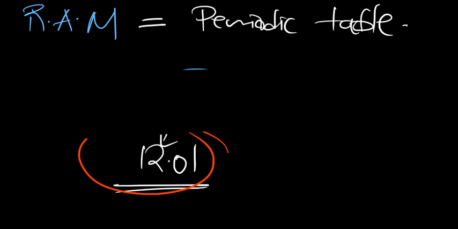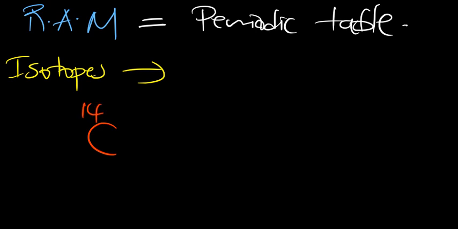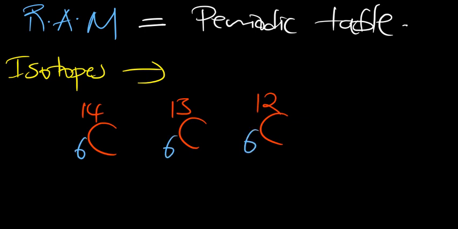So what are isotopes? This is a very simple question that you should expect even at this level, where they can ask you to define isotopes or give examples. I don't like defining them. Carbon 14, carbon 13, carbon 12 are the isotopes of carbon. Carbon has an atomic number, a proton number, of 6. So we can see these are the same element, but different mass numbers.